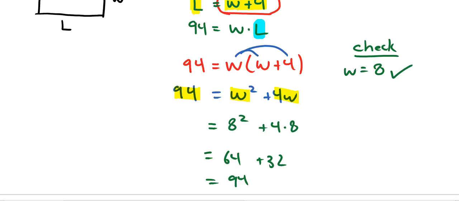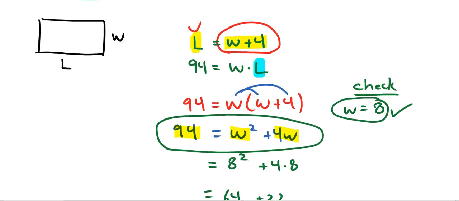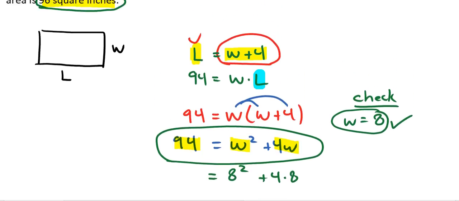So once you get to this step right here, you need to do a guess and check. You need to find a number such that when you square that number and add 4 times that number, you get 94. I will just guess the number 8, because I know the answer was 8. And I noticed that if I plug in 8, I do get 94. So my width will be 8.